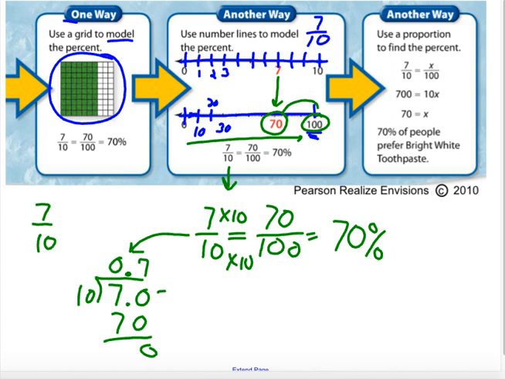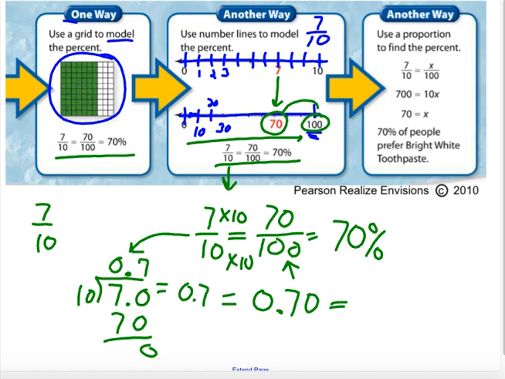Now notice how what we have here is 7/10. Well, if we make 7/10 into hundredths, the equivalent in hundredths, you'll see that you have 70 hundredths, which is the same as what we get on our number line model or our grid model.